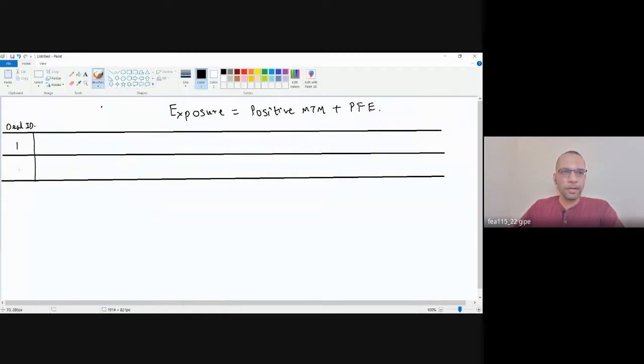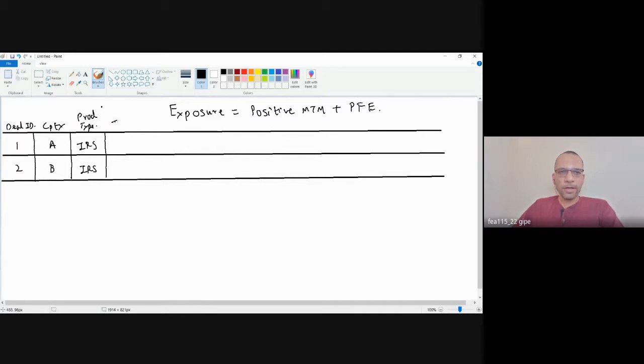So deal ID 1 and deal ID 2. Then I could firstly have my counterparty name, maybe A and B. Then I'll have my product type. So let's say I have a swap. Just taking an example of a swap, the product type currently doesn't matter.